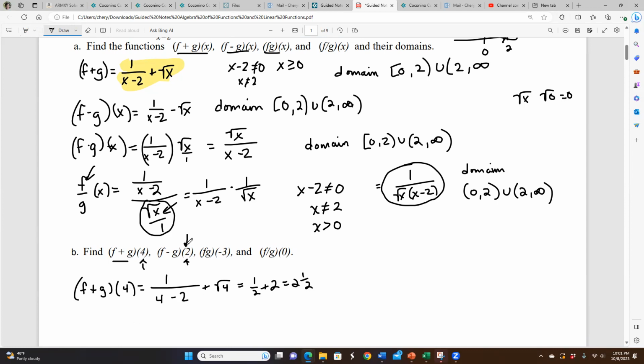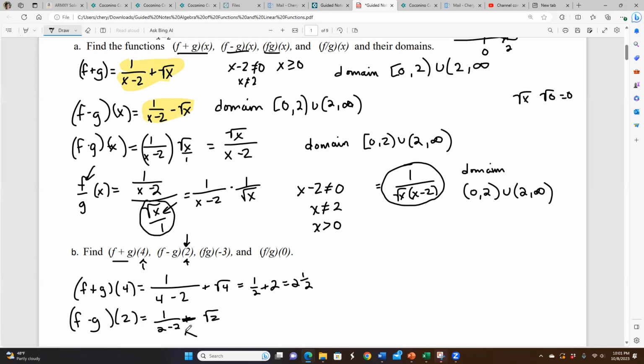If we look at this one, it wants us to subtract them. So the subtraction of these functions was this one right here. Now we'll plug 2 in for that. So we'll have 1 over 2 minus 2 minus the square root of 2.